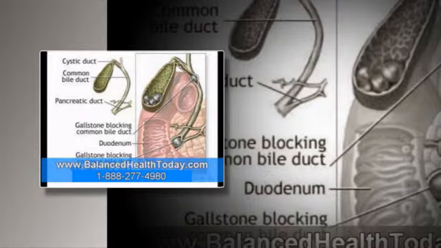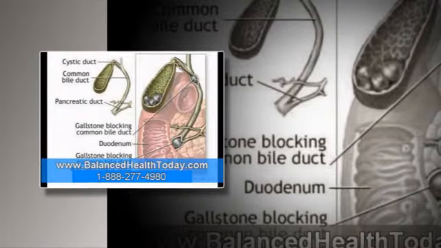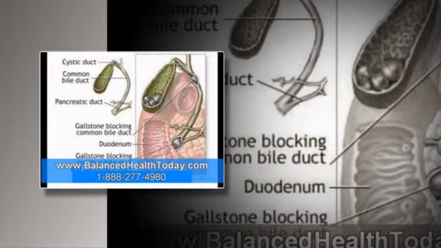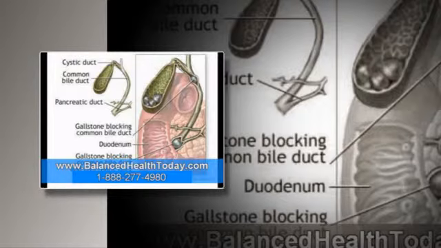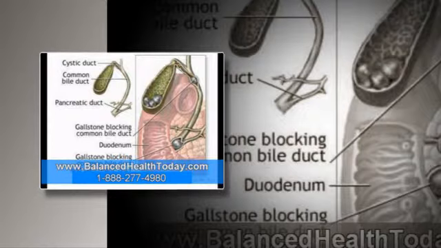But the small and large intestine have no such protection. Instead, they rely on bile. Bile is a very alkaline substance, and when it comes into contact with the acidic food from the stomach, the acids are neutralized. If bile can't get into the small intestine in required amounts due to biliary sludge and gallstones, then stomach acids in the food are never fully neutralized.